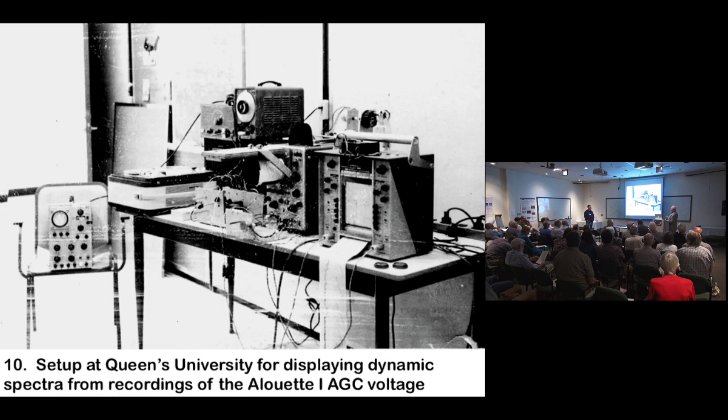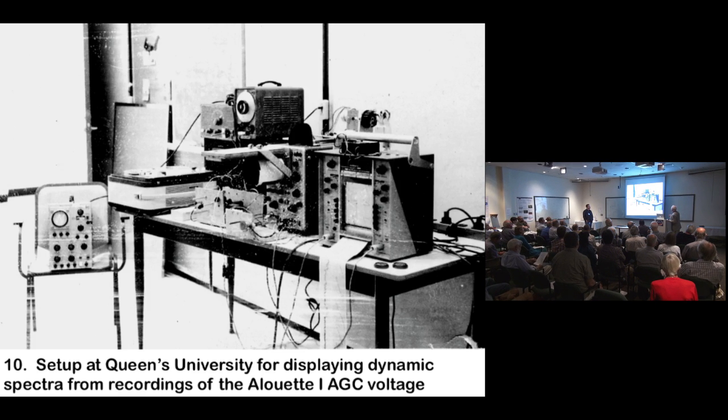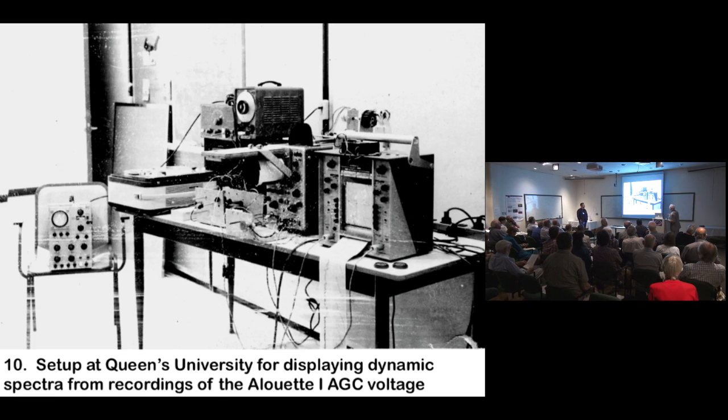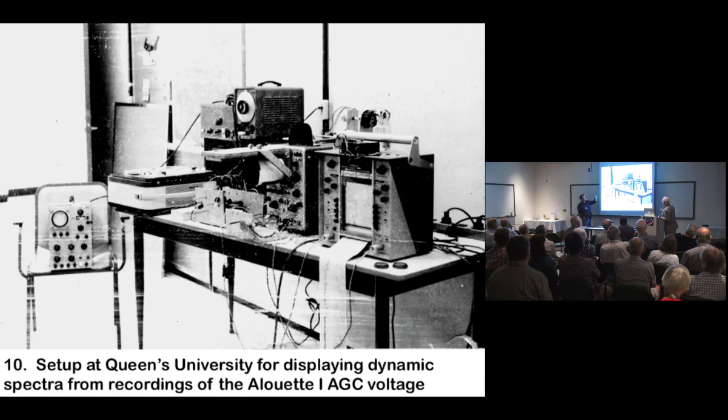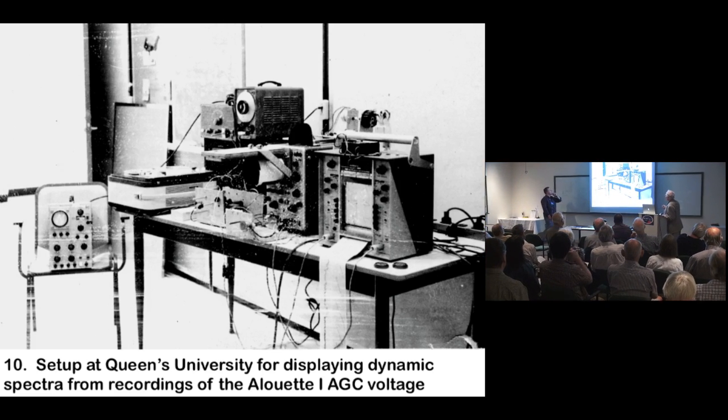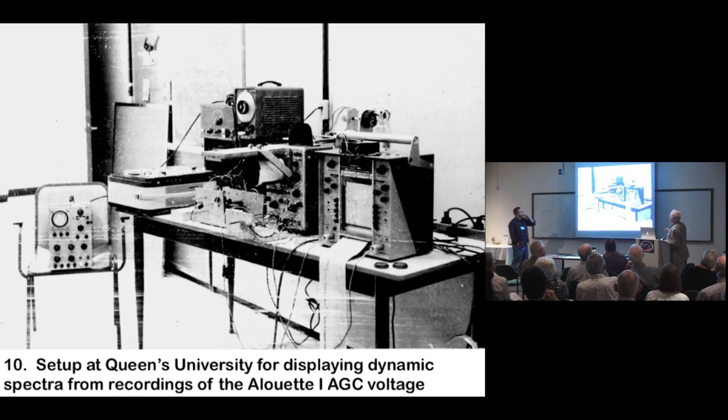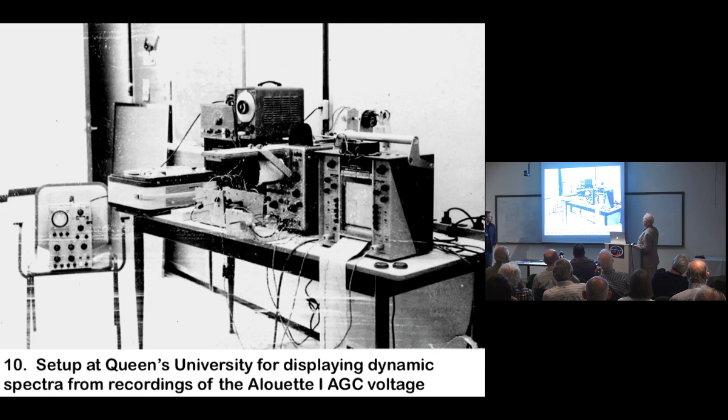I think there's a tape recorder here. I think in this case, the AGC records were on tape and fed into the intensity of an oscilloscope. Where is it? Not that one. It's in here somewhere. It just doesn't show up in this slide, but it varied the intensity.